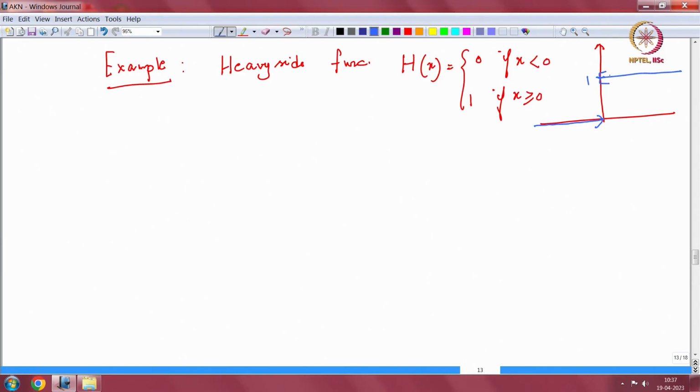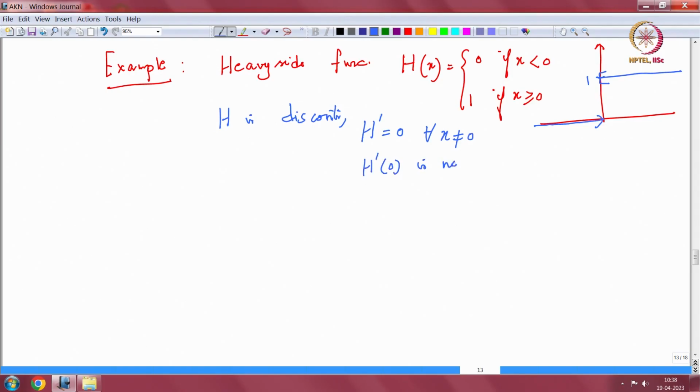So there is a discontinuity. Here also h is discontinuous, but h prime of x is equal to 0 almost everywhere, for all x not equal to 0. You see, h prime of 0 is not defined.